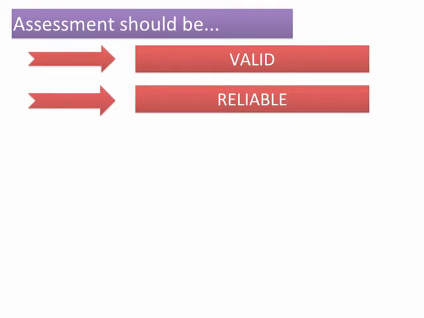If there's great disparity in the moderation or the marks that various internal or external markers arrive at, the assessment task itself may not be reliable and would need to be looked at beyond the actual performance of the students.